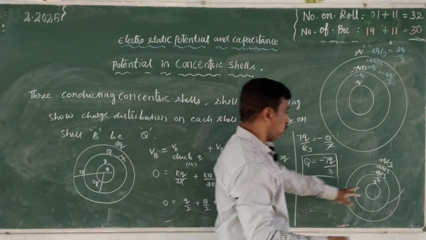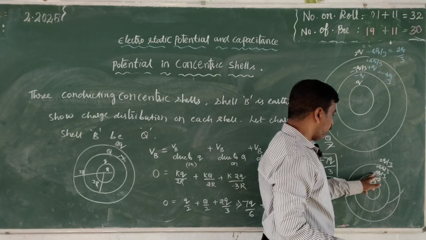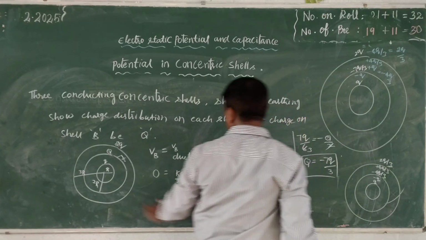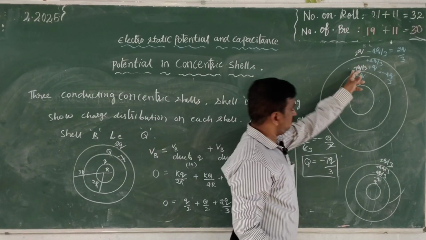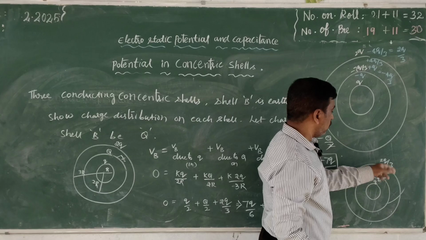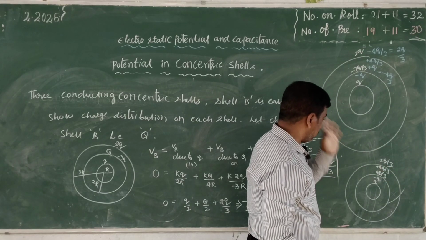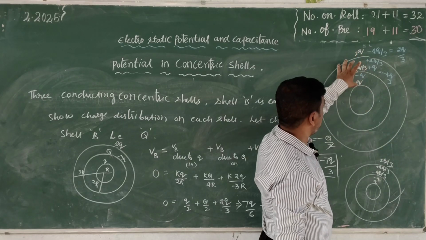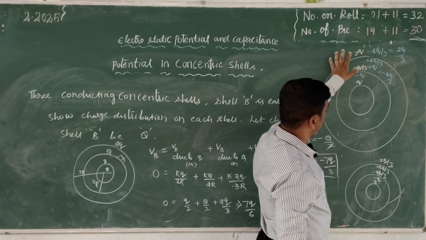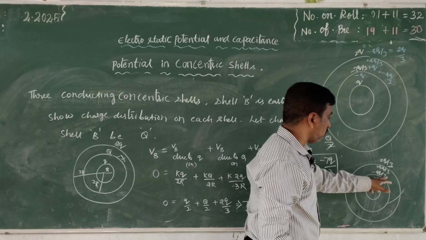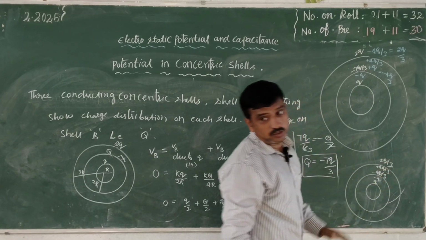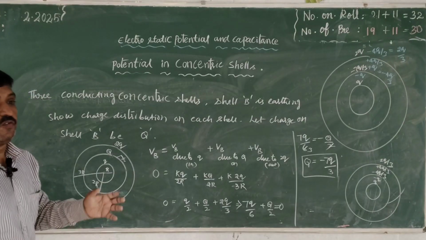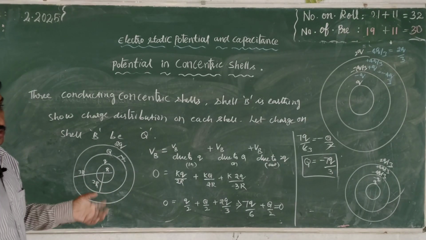Adding q and minus q, 4q by 3 minus q gives 7q by 3 we get, and 2q by 3 plus 4q by 3 is 6q by 3, so 2q we get. Like this the charge is distributed on the inside and outside surfaces of conducting thin shells.